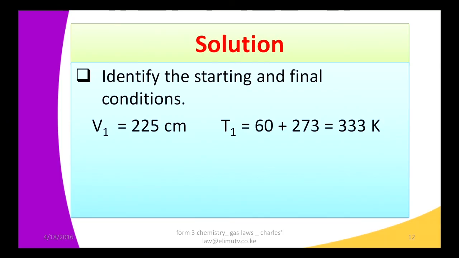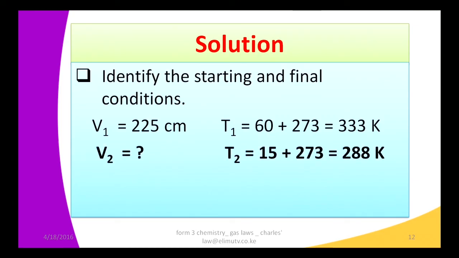Remember, for gas volume problems we must convert temperatures to the Kelvin scale. Then temperature 2 is given as 15 degrees. Again, we convert this to Kelvin. We have 15 plus 273, which gives us 288. We have identified the starting and the final conditions.